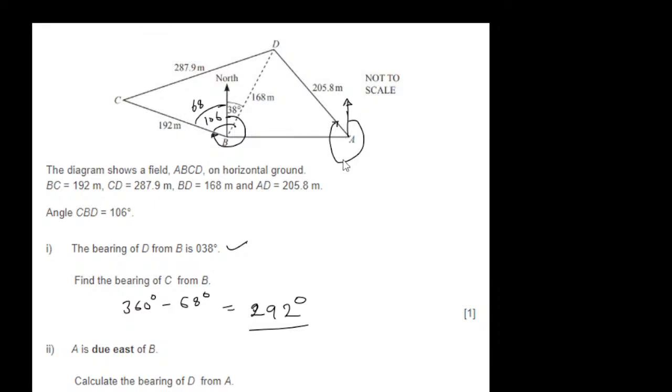From B, this is due east, so this is a horizontal line.